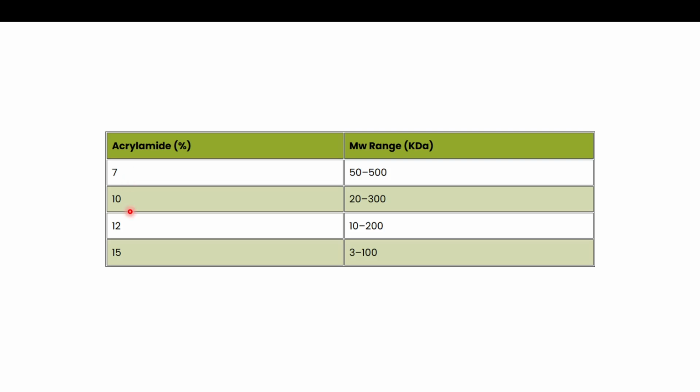But in case the protein of interest is really small, then there should be a higher acrylamide percentage in the gel so that the pores are smaller and you can separate out the bands properly. Otherwise it doesn't really move through the gel and just goes out of the gel altogether.